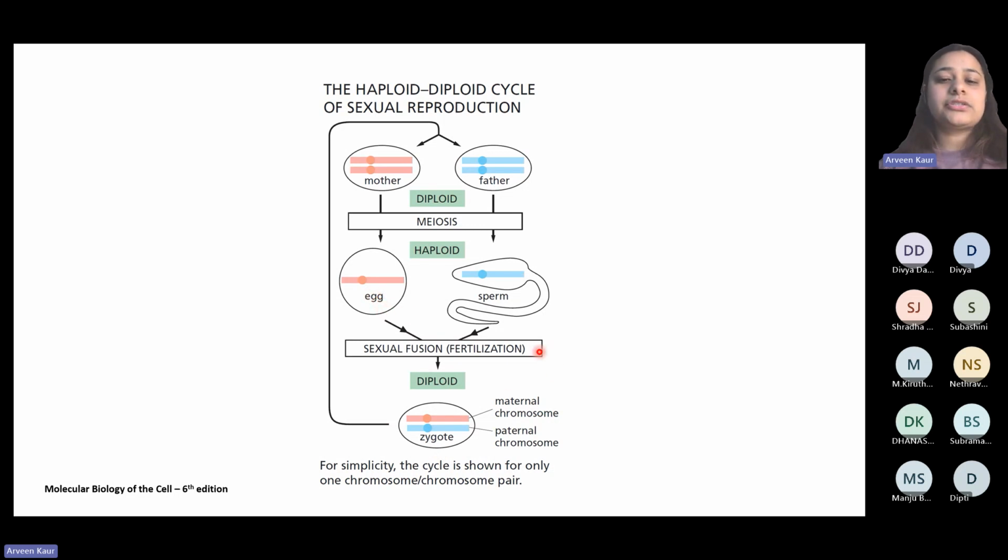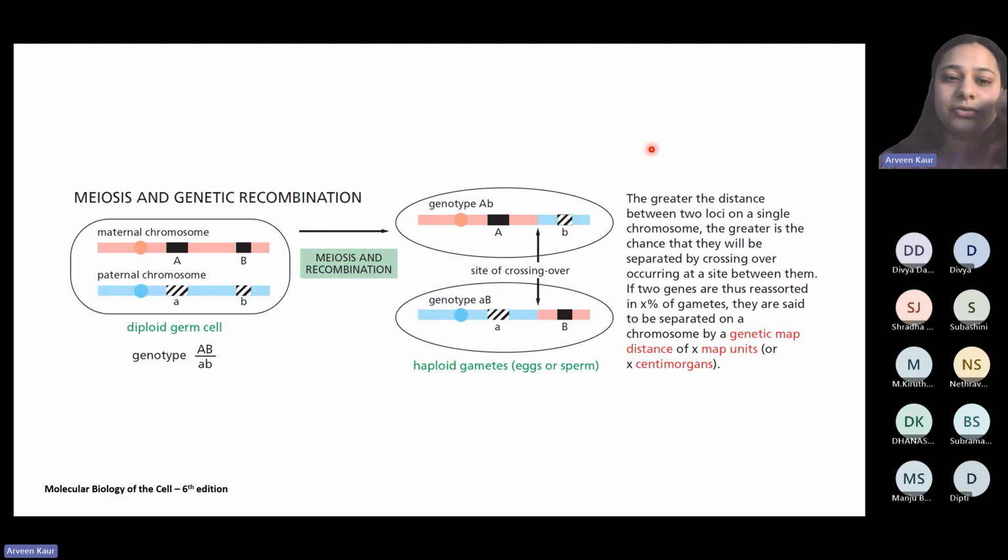So that such conditions don't arise and recombination does take place, and there's always some kind of betterment that might come along with it, this particular process of haploid generation of the gametes occurs, right? So this haploid diploid cycle of sexual reproduction is necessary to occur, and thus we have meiosis in the first place, right? The second thing that I mentioned while we were talking about this is genetic recombination, right?